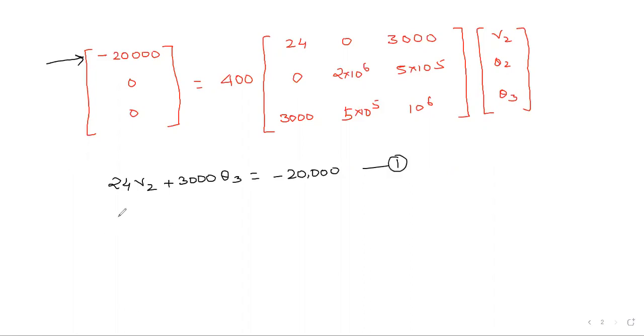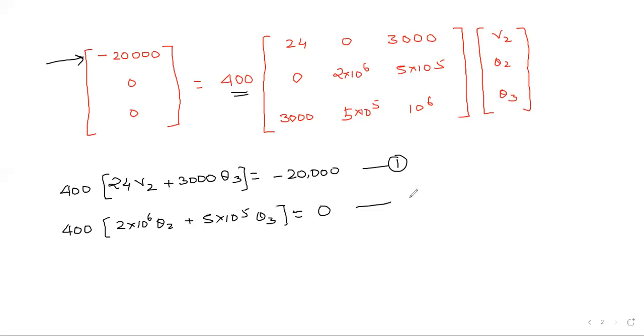Similarly, equation number 2, with 400 outside because 400 is common. From the second row we get 0 into V2, plus 2 into 10 to the power 6 theta 2, plus 5 into 10 to the power 5 theta 3, equal to 0.